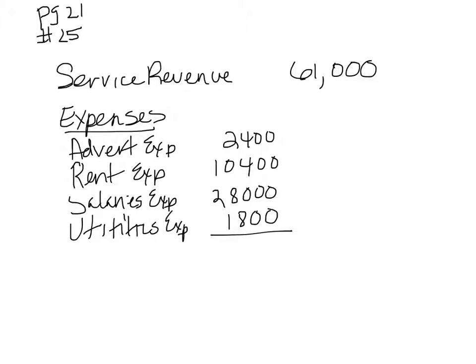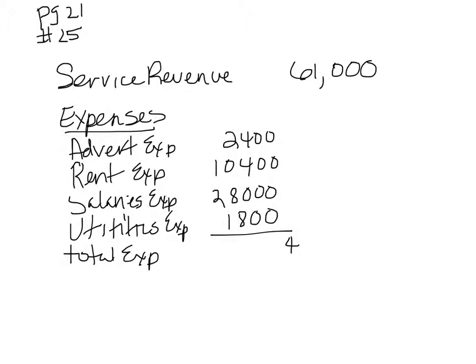Okay, so 2,400, so check my math, plus 10,400, plus 28,000, plus 1,800. I'm going to double check the book to make sure it's 28,000. Plus 1,800 gives me 42,000. So total expenses 42,000. Hey, watch this. This is pretty cool. I can erase.